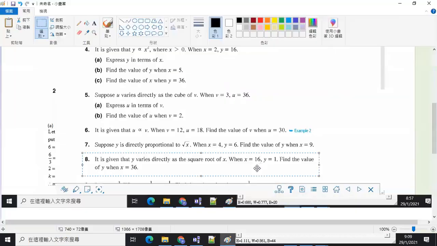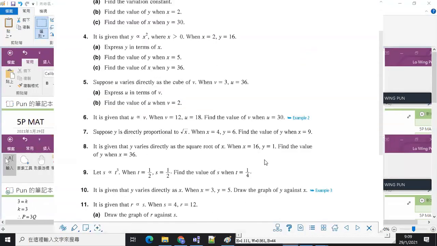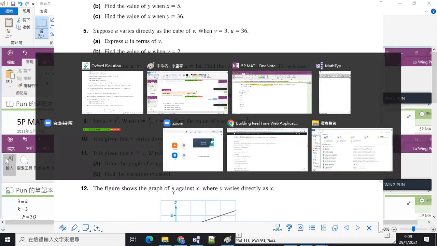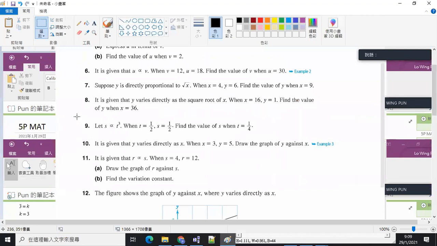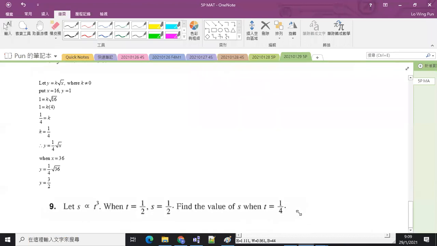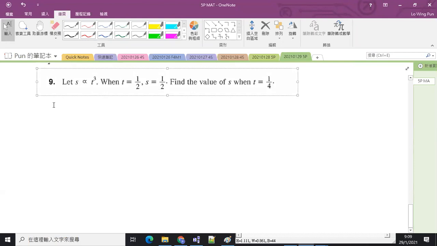Finally, number 9. So let S symbol T cube. So please highlight this sentence, S symbol T cube.